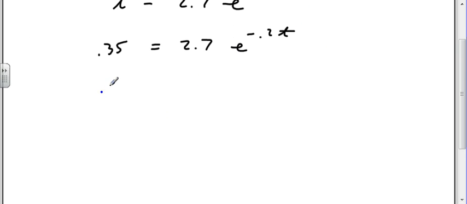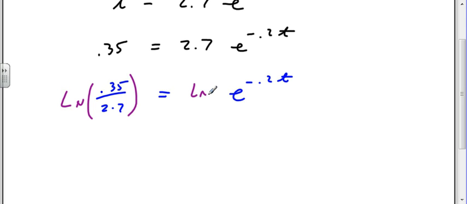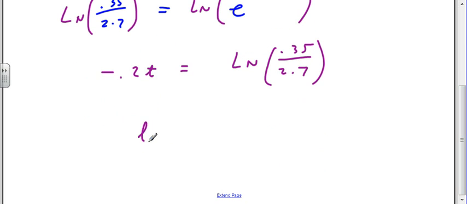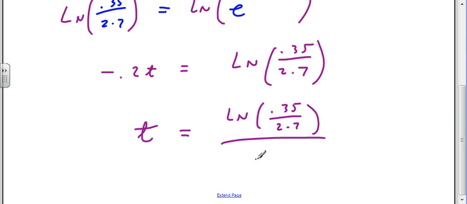All right, well, 0.35 equals 2.7 e to the minus 0.2 t. And we'll take the natural log of both sides, and we're going to have minus 0.2 t equals the natural log of 0.35 divided by 2.7, and then we're going to say t is the natural log of 0.35 divided by 2.7 divided by 0.2.